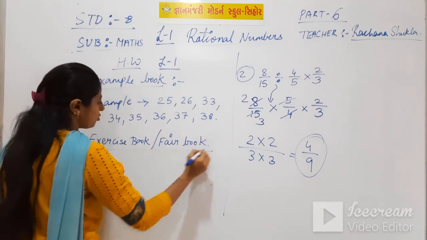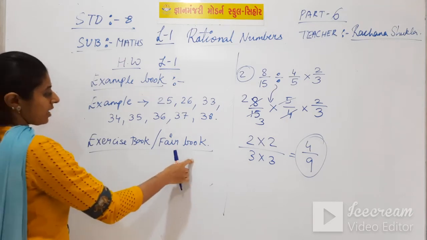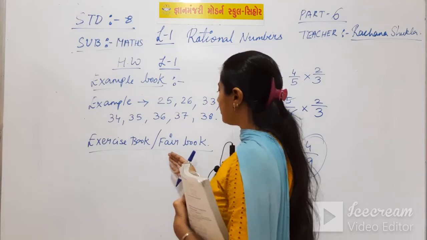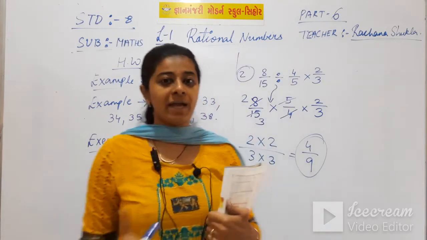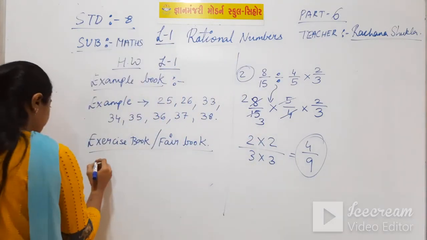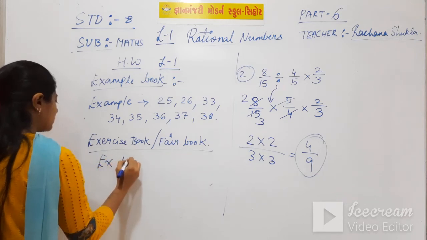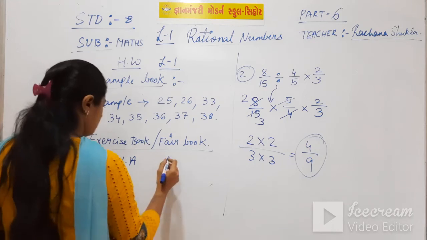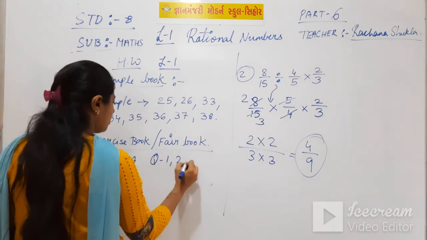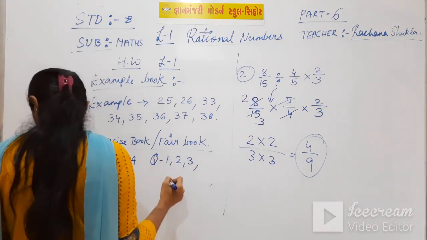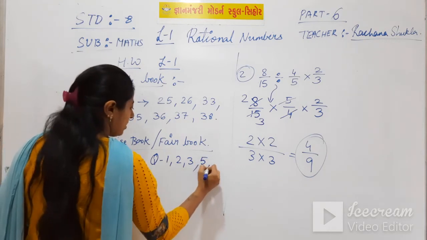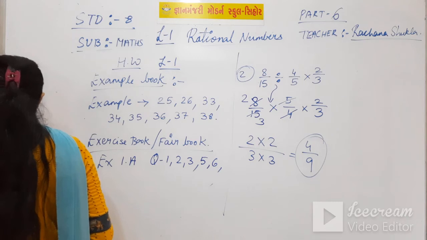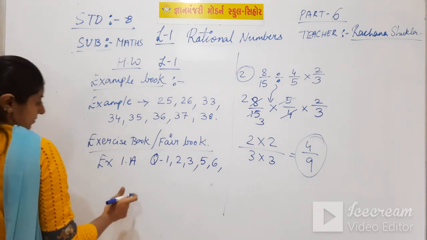Don't be confused. In this fair book you have to make your fair book of maths, and in this book you will solve the sums of exercise, that is exercise 1A, question number 1, 2, 3, 5, 6, 8, 9, 10.